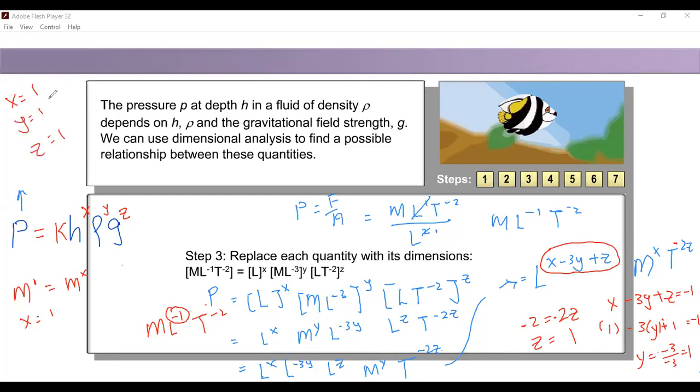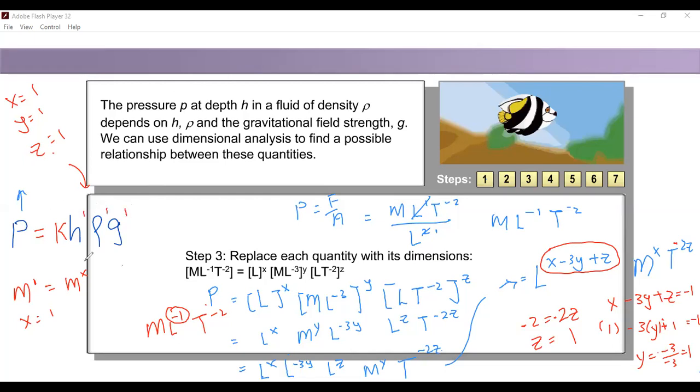Okay, we get that the X, Y, Z equal to 1. Then what we need to do, we replace all this X, Y, Z into the formula again. Back to the initial formula. So X is 1, Y is 1, Z is 1. So that means that this is 1, 1, 1.